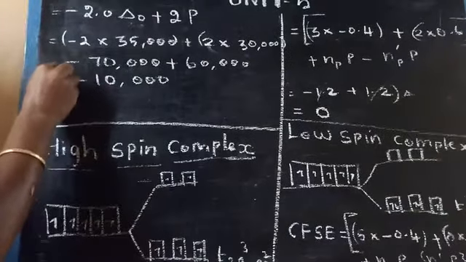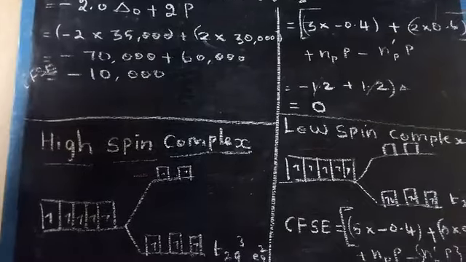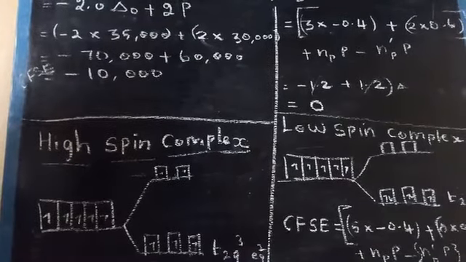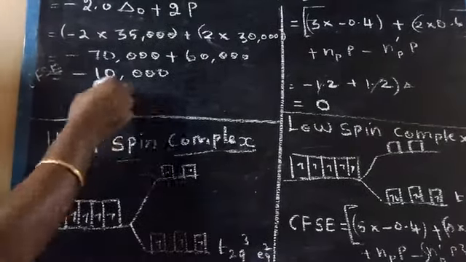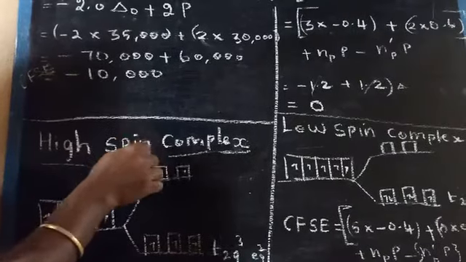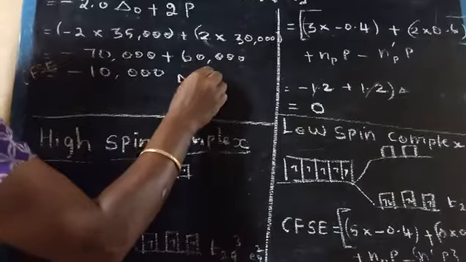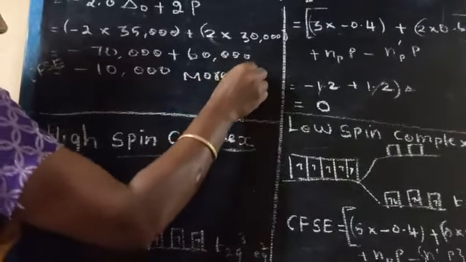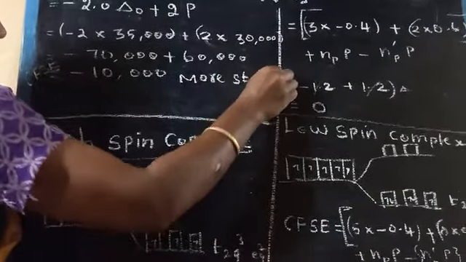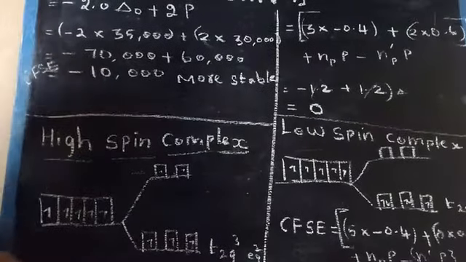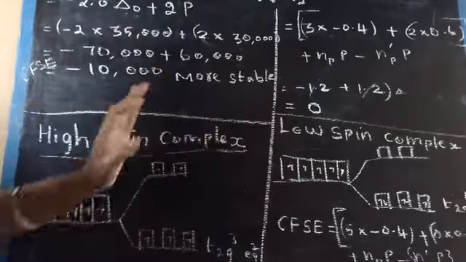Okay. So now the CFSE value is minus. Minus means more stable. So now [Fe(CN)6]3- is a more stable complex, a more stable compound. So which one is favored, high spin or low spin? Here 0. Okay, stable.